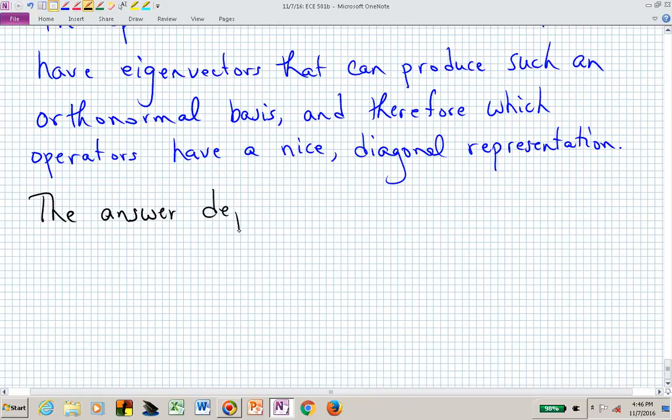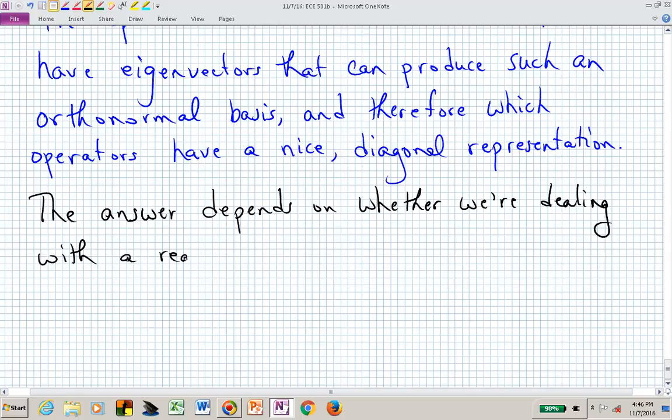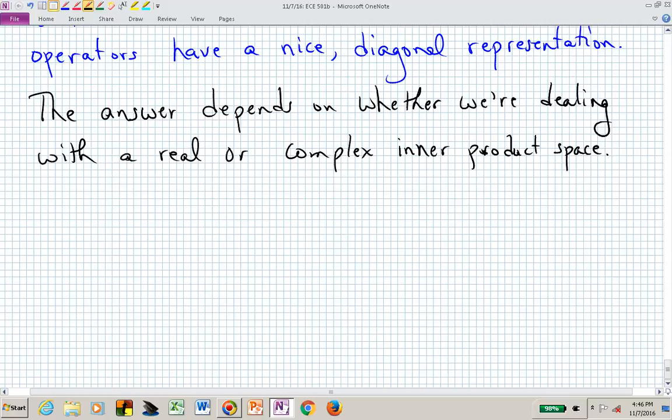The answer depends, as far as what we can say about these operators, on whether we are dealing with a real or complex inner product space. And because of that, we'll look at these separately.